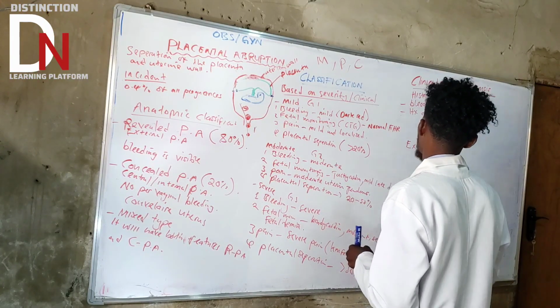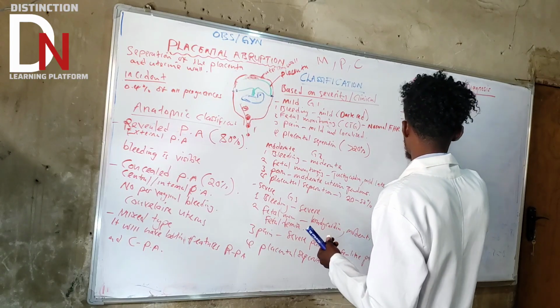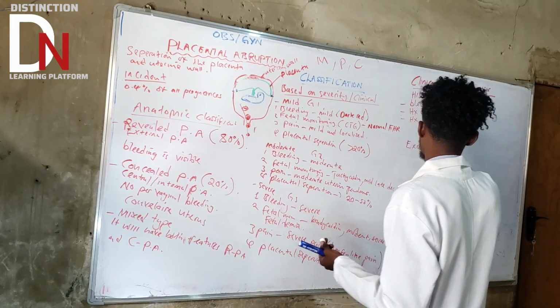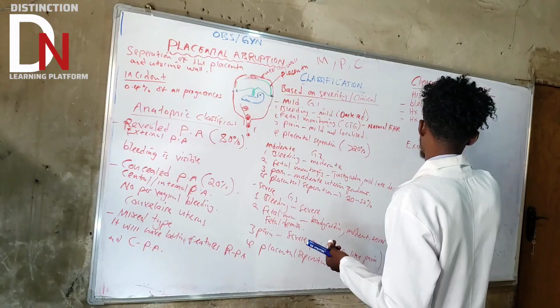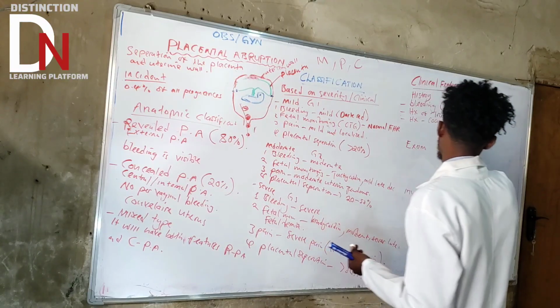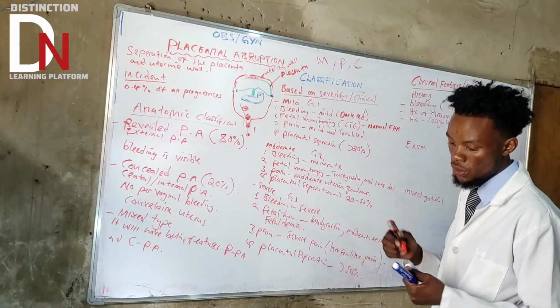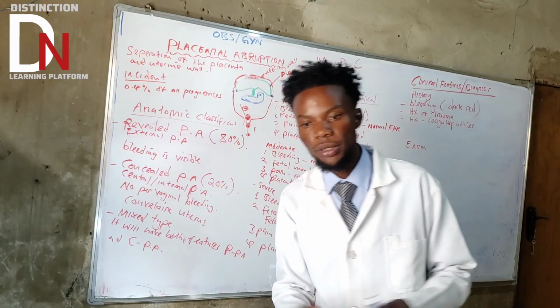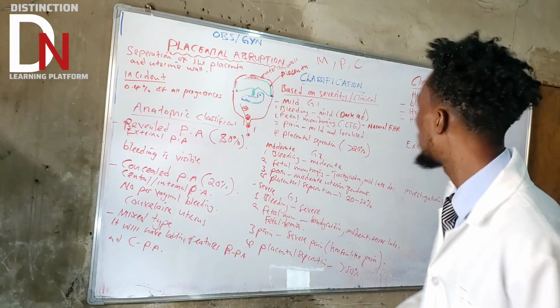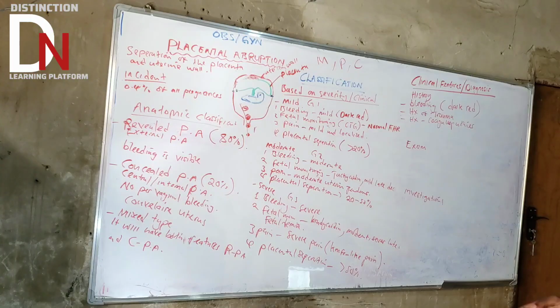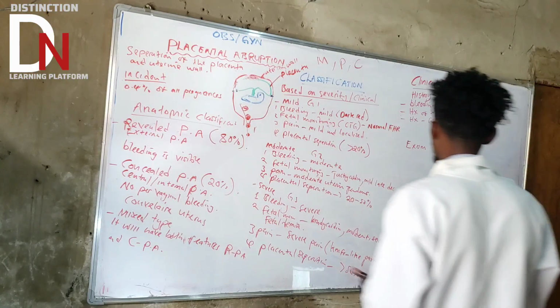Ask about history of medical conditions, maybe coagulopathies, like liver disease and thrombocytopenic disorders. Ask about that. What else?